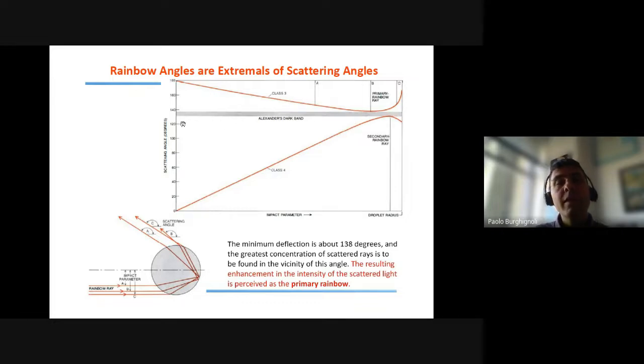There are no scattered rays inside the minima and maxima. So here you see the Alexander's dark band, in which up to this order of approximation there would not be exit light, whereas of course there are higher order rays that account for some light inside this band.